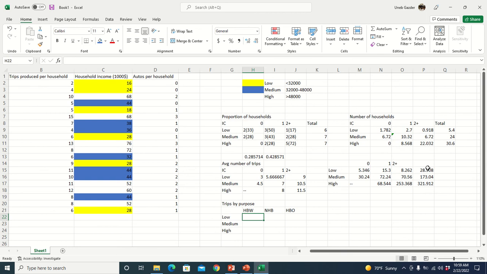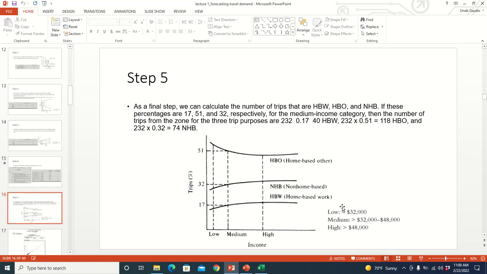And then you take the trips from here. For example, medium income, because I have the trips for medium income. 173 is the total number of trips for medium income, and 17% of them belong to home based work, 32% belong to non-home based, and 51% belong to home based other.